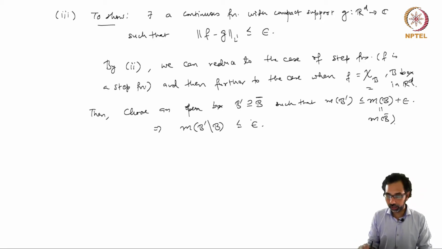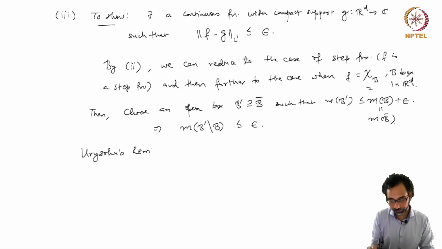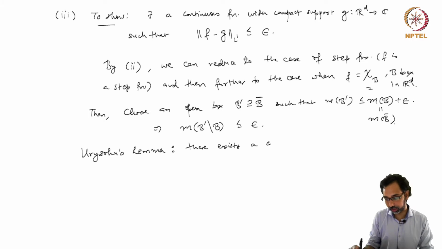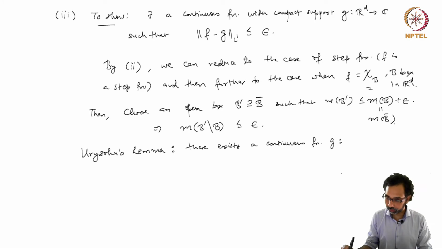So we can assume without loss of generality that B is a closed box, and now we have chosen an open box B prime containing this closed box B, and now I'm going to use Urysohn's lemma, which states that there exists a continuous function g from R^d to the set [0,1].